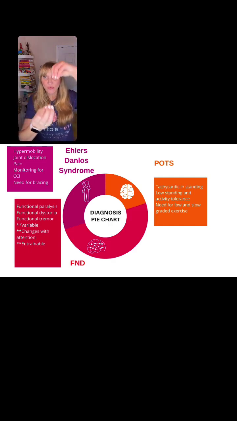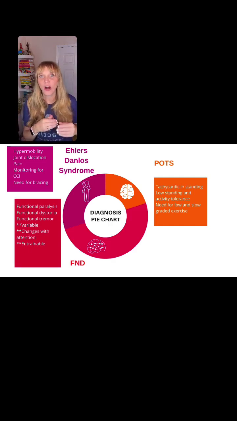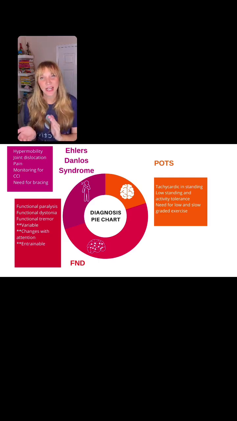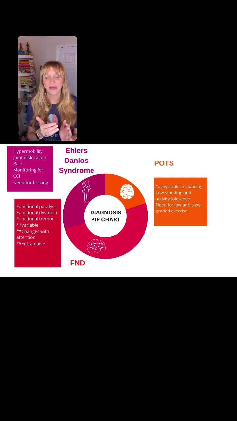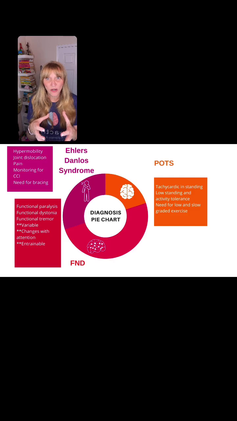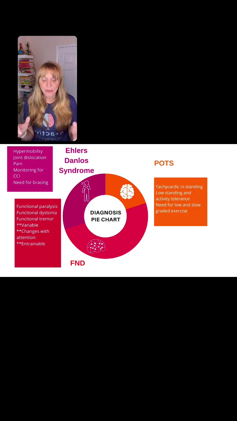That can directly start to cause functional dystonia, functional tremor, because your brain is getting really poor feedback from your body. So we find the ways that those might be interacting. And if we support that person with hypermobility, if we support their sensory system, their FND symptoms often really decrease as well.